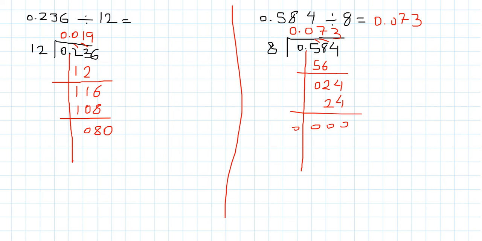It is 6. 6 times 12 is 72, and the remainder will be 8. If we want to continue it more, again 6 will repeat. So the answer is 0.019 and recurring 6. It will be the answer.